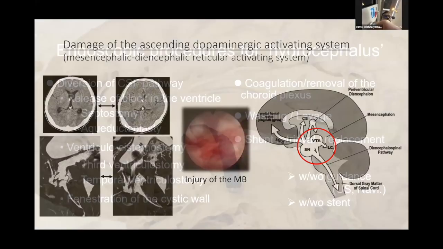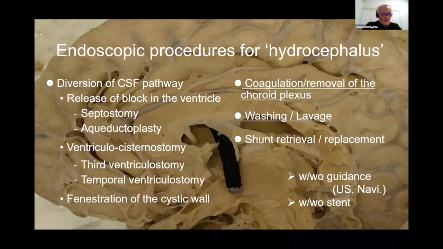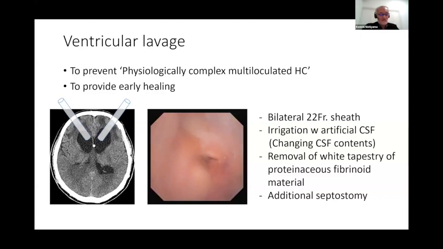Endoscopic CSF lavage, brainwashing, was indicated as an initial treatment for ventriculitis in some cases. In addition, endoscopic choroid plexus coagulation, CPC, makes time for delay in shunt replacement and was indicated in infectious complications. The realistic goal of ventricular lavage for ventriculitis is to prevent developing a physiologically complex multiloculated hydrocephalus and to provide early healing.